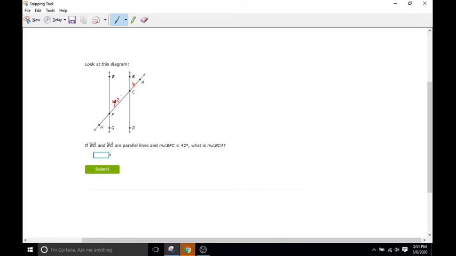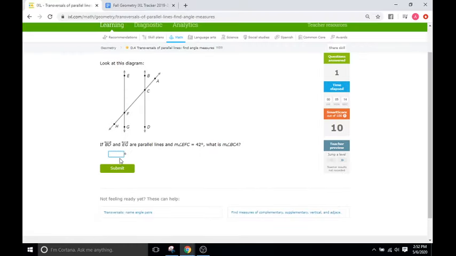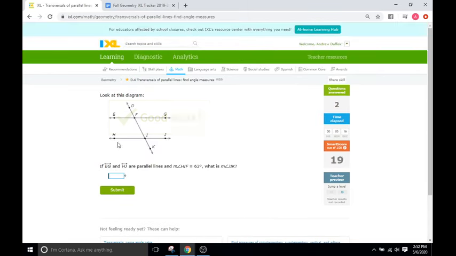So this angle is on the right side of its parallel line, and this missing angle here is on the right side of its parallel line. So in short, they're on the same side of the transversal and the same side of their respective parallel lines. So because of that, again, we know they equal the same thing. So if this one is 42, that means x is going to equal 42. So we'll come back, we'll go 42. Good.